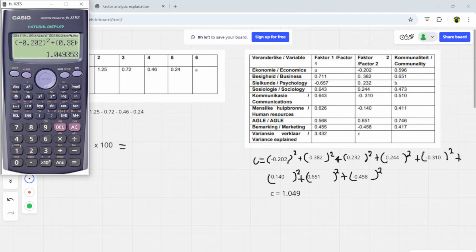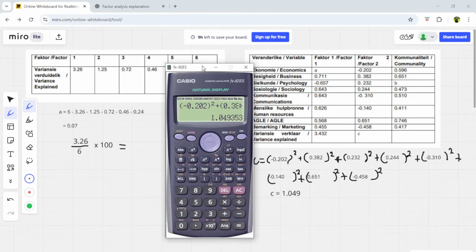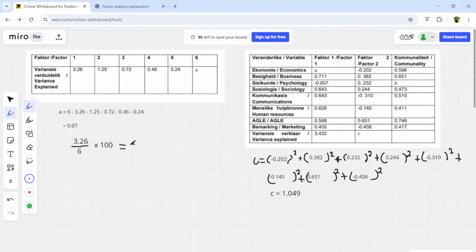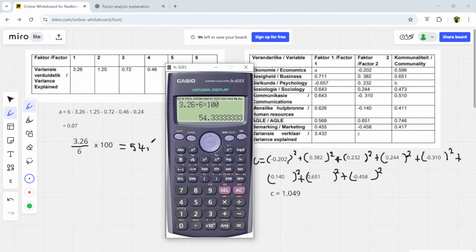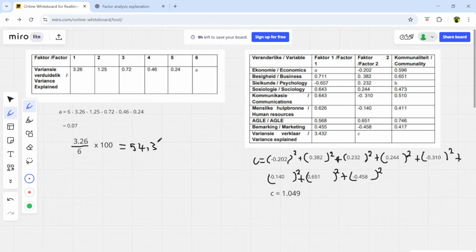and the value for that, you just get the calculator, 3.26 divided by 6 and multiply by 100. The answer is going to be equal to 54.33. So 54.33 is the percentage of variance explained by factor 1.